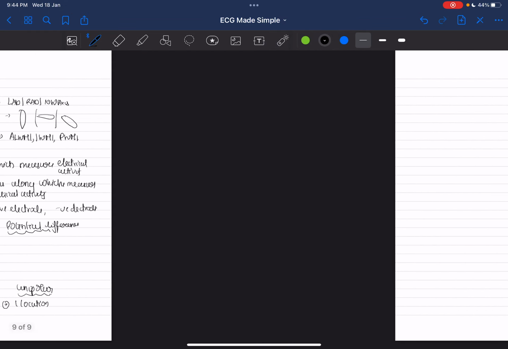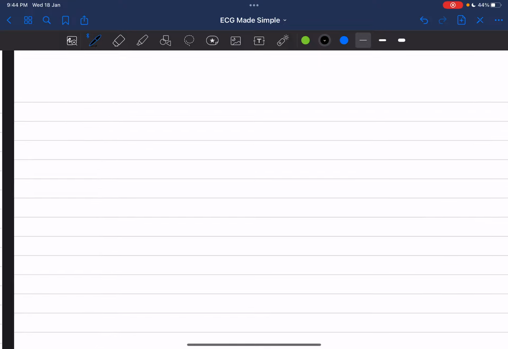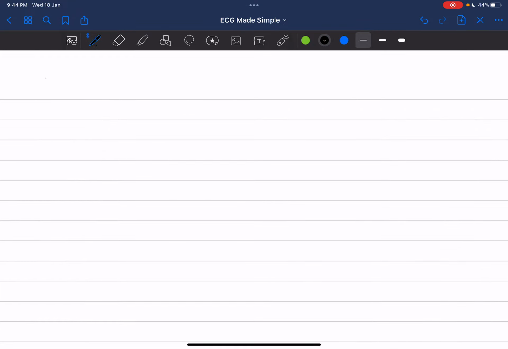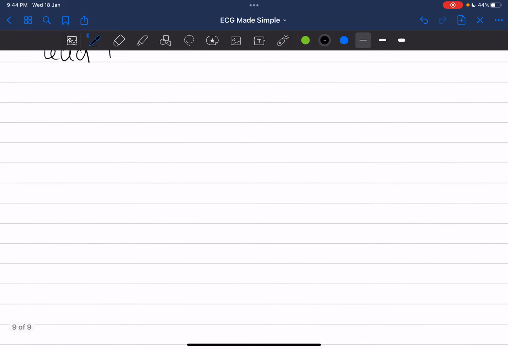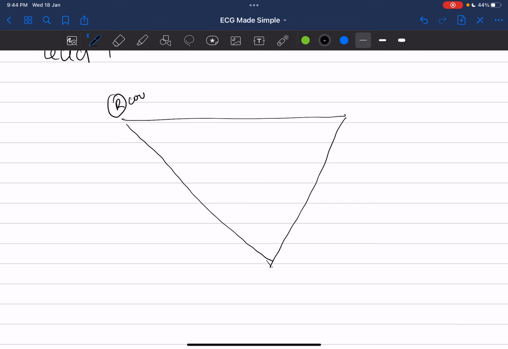So among the limb leads, we will start with lead 1. There are three limb leads: lead 1, 2, and 3. So imagine this is the human body. This is the right arm, this is the left arm, and this is the left foot.